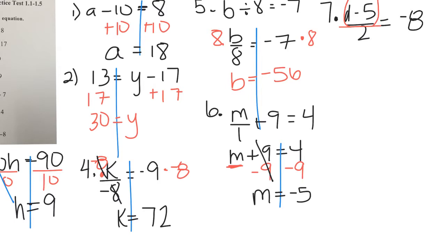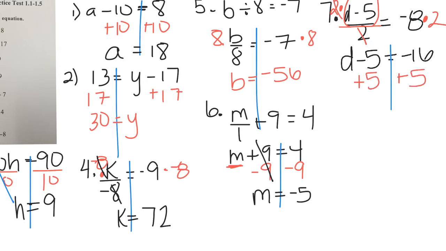And so we want to undo the division of d minus 5 by multiplying both sides by the 2 and multiply the negative 8 by the 2. Here, the 2 divided by 2, they cancel, and we get d minus 5 equals negative 16. And then we can add our 5 to both sides, and d is equal to negative 11.